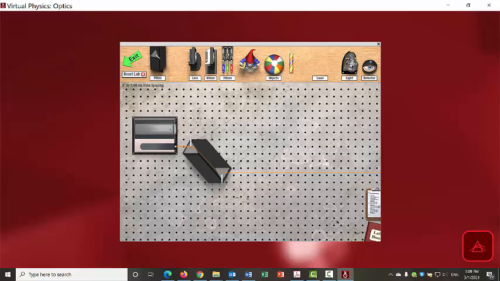Now you can answer the first question. The pre-lab question is: does light move faster, slower, or at the same speed when it travels from air into glass?